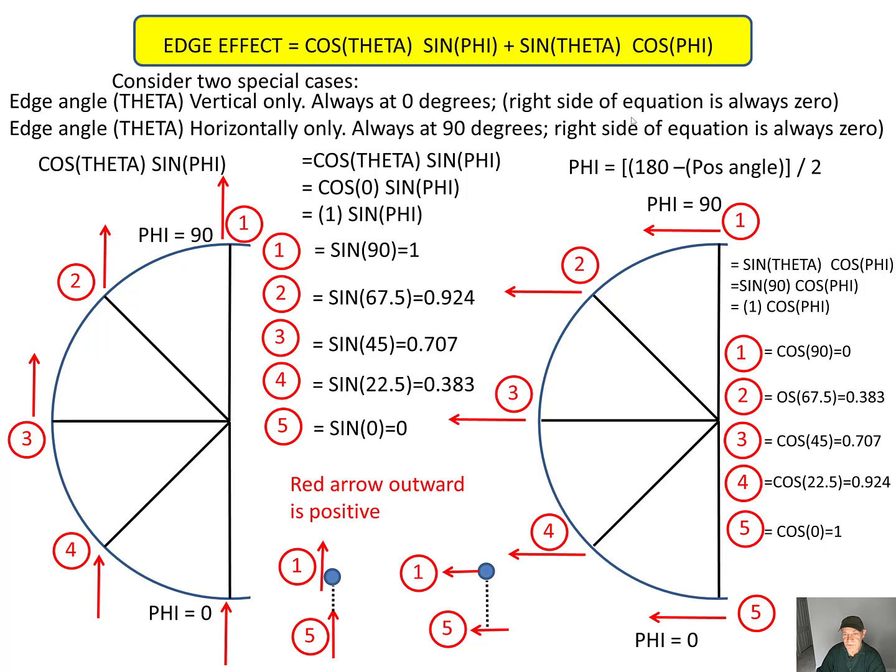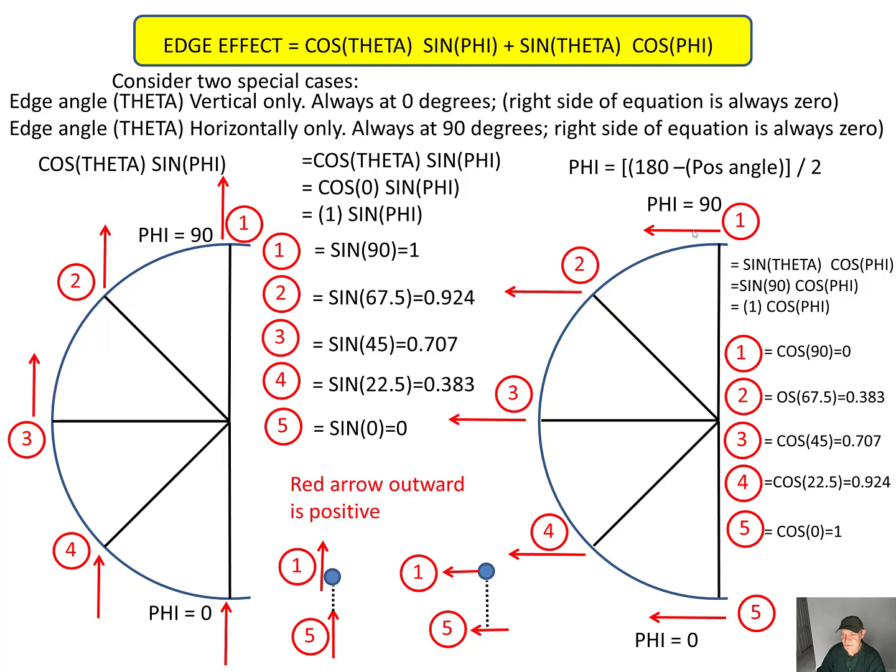Now for the other case, the edge angle theta is always horizontal, or 90 degrees. Always at 90 degrees, the left side of the equation is always 0. Now phi is equal to 180 degrees minus position angle, divided by 2.